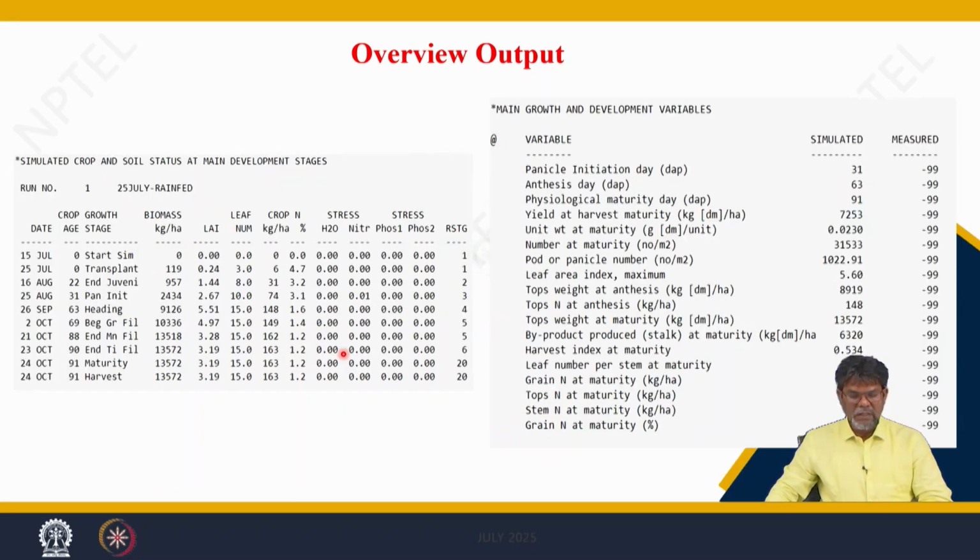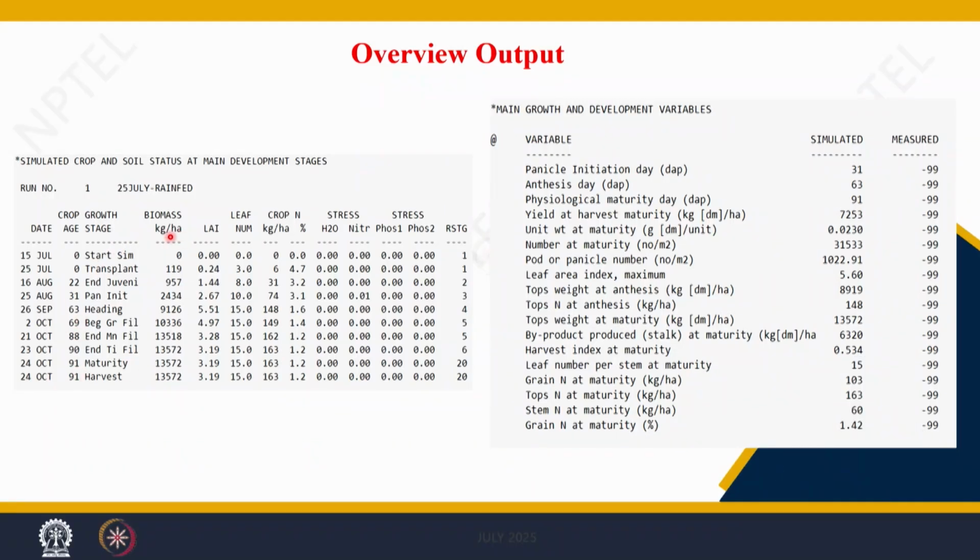And here you see the crop biomass, and there are different days of simulation for July 25, with the biomass on different days. I can show you here there is no water stress, since you are planting on July 25 you will not find any water stress here.